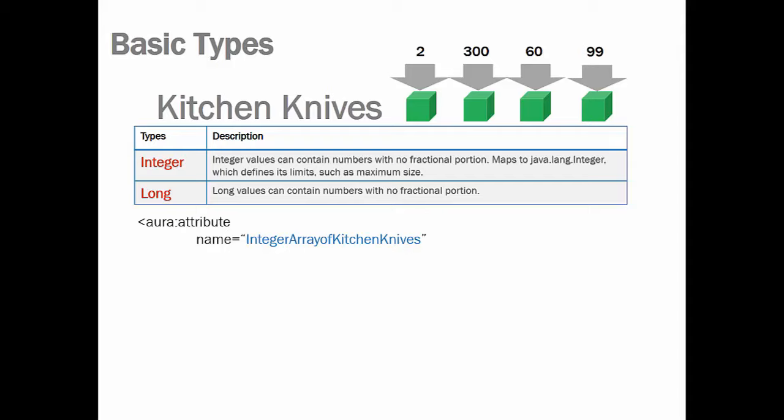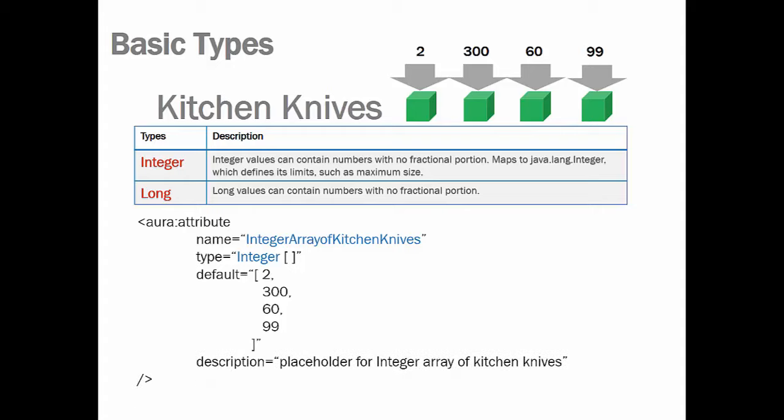The name is an integer array of kitchen knives. Okay, I'm using integer and not long for this example. I could have used long. The type is an integer. The default values, of course, you can see up on the top right-hand side of the screen, but I'll spell those out. The description tag and the close tag.